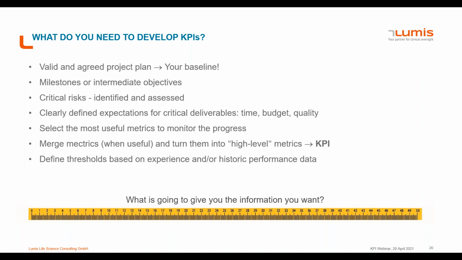And the selection or the definition of the threshold is mostly done based on experience from previous trials or historic performance data, but sometimes you may also ask the literature references, because there are also publications on that. In the end, this also only is to give you the answer, what is going to give you the information you want. Next.